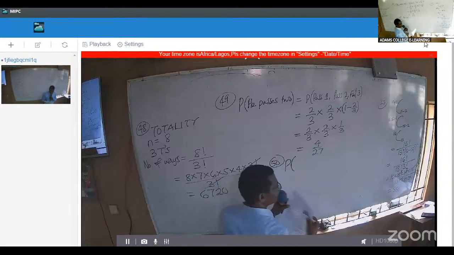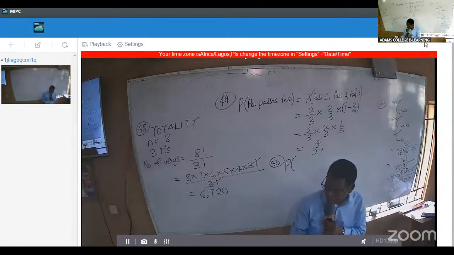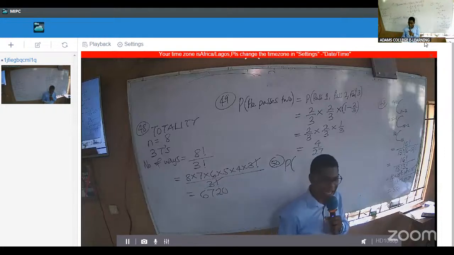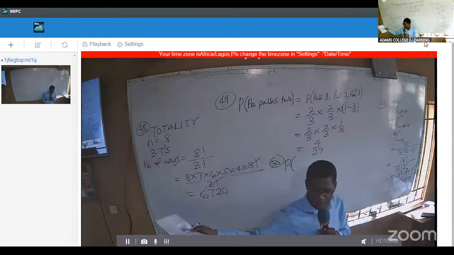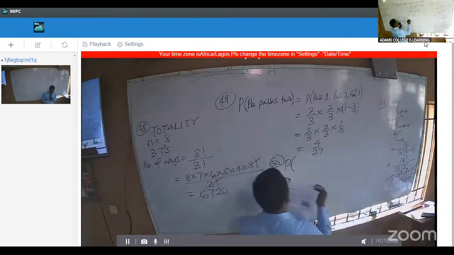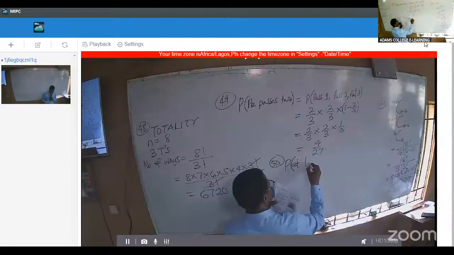Probability that a man and his wife live 80 years is... Find the probability that at least one of them lives up to 80 years. Look at that word: at least one of them. I have the faster method and I have the longer approach. When you hear the words at least one of them, let me use the faster method first.